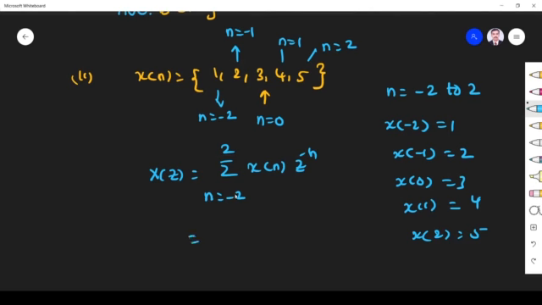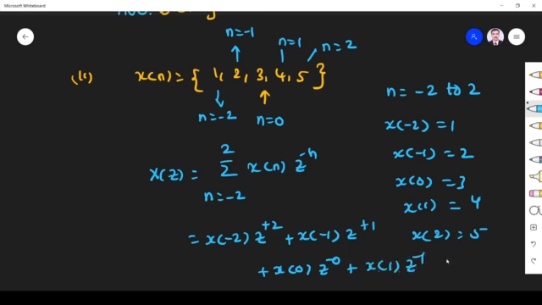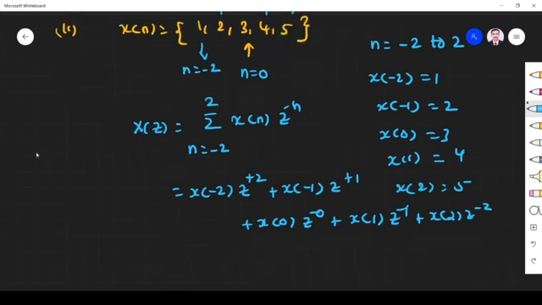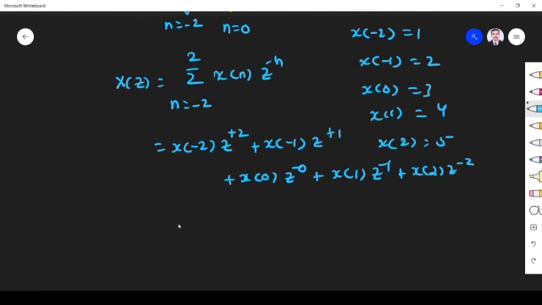Now we substitute n is equal to -2, so x of -2, z power minus n, so it is +2, plus x of -1, z power n is -1, so z power +1, plus x of 0, z power 0, plus x of 1, z power -1, plus x of 2, z power -2. We know the values.